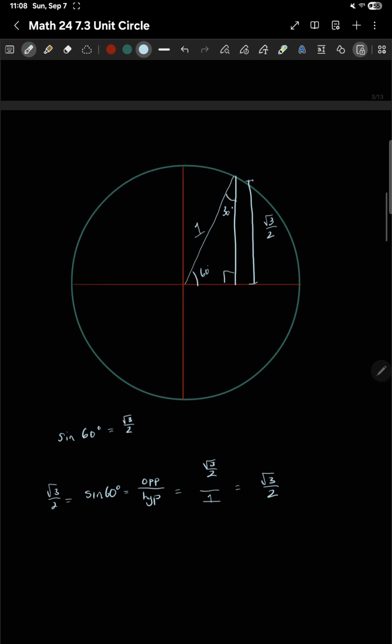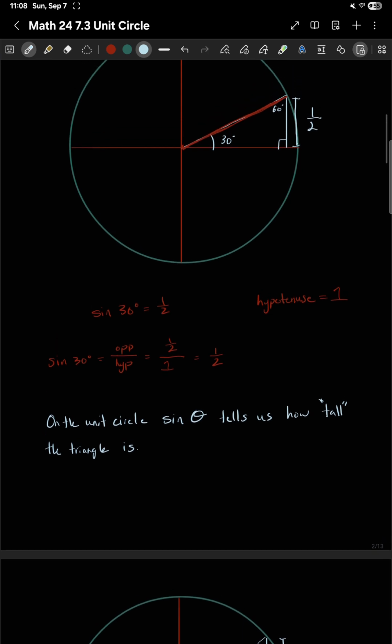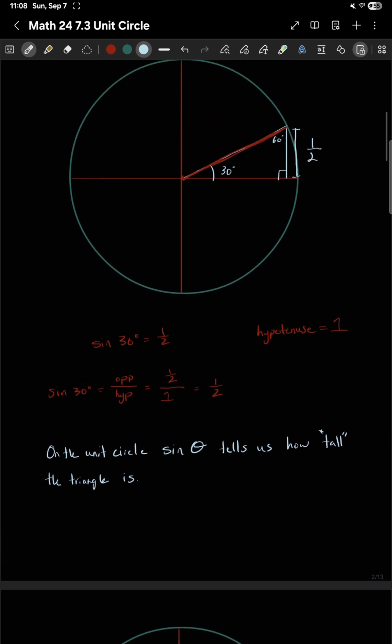Okay, cool. So we just did the version for sine, but this also works for cosine. So we know that cosine of 30 degrees is equal to the square root of 3 over 2. And likewise, we have the square root of 3 over 2 is equal to cosine of 30 degrees.